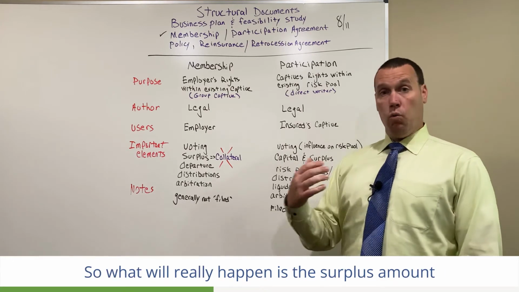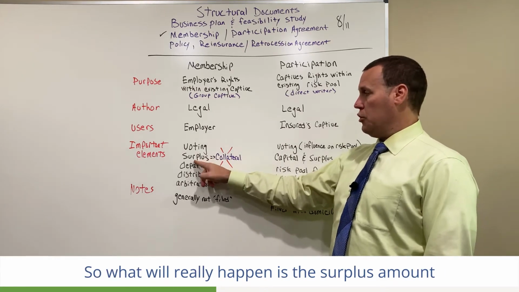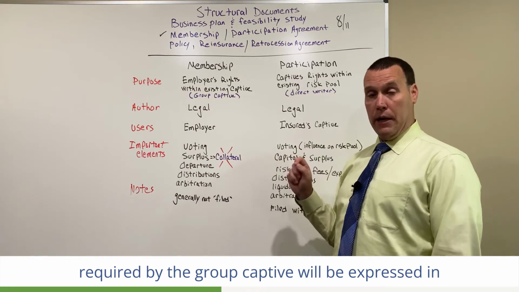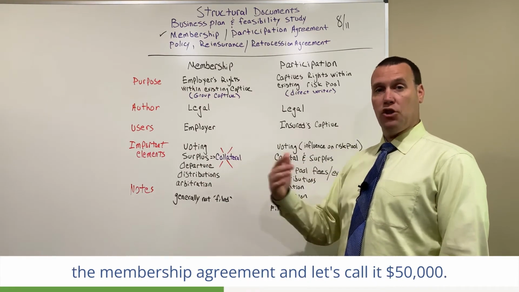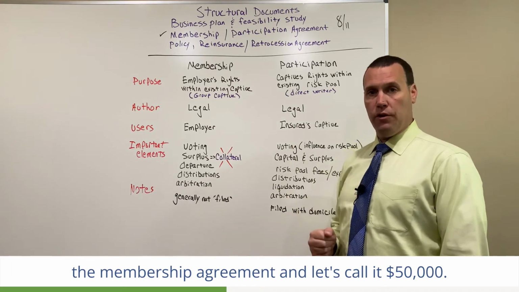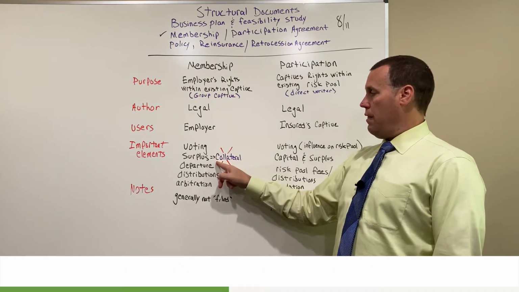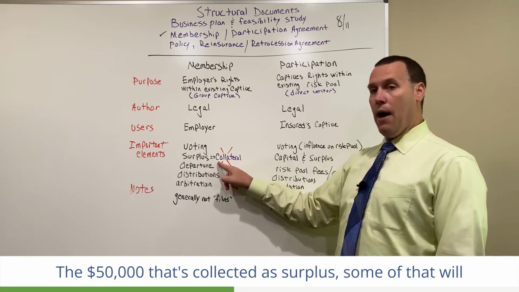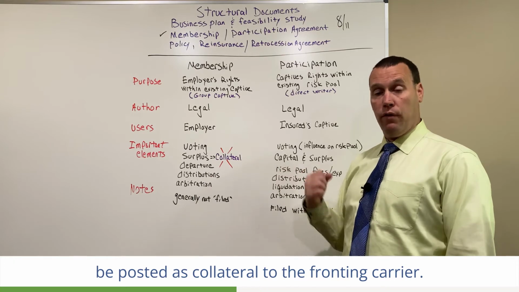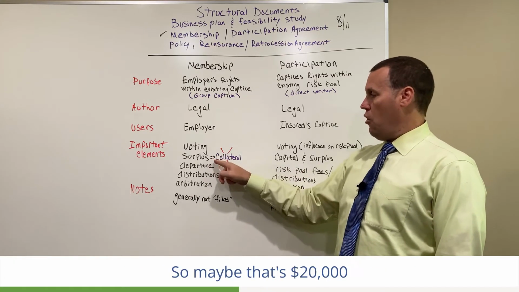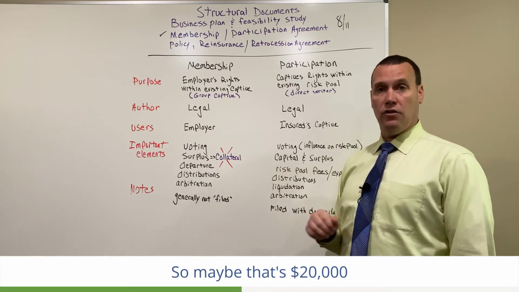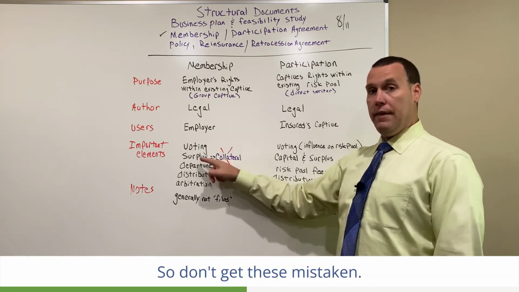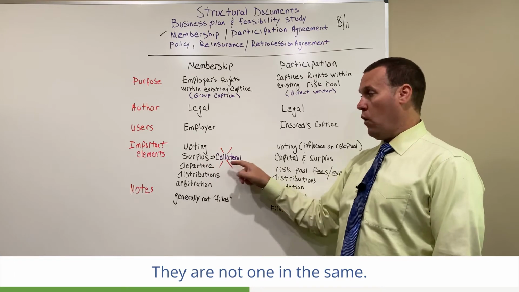So what will really happen is the surplus amount required by the group captive will be expressed in the membership agreement, and let's call it $50,000. The $50,000 that's collected as surplus, some of that will be posted as collateral to the fronting carrier. So maybe that's $20,000 collateral or $25,000 collateral. So don't get these mistaken. They are not one and the same.